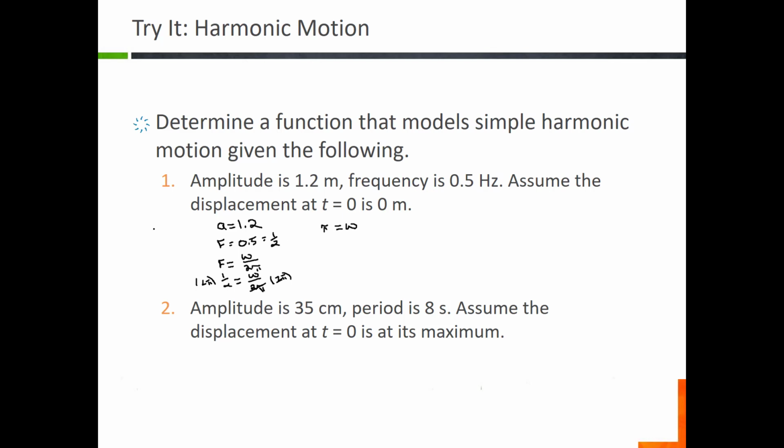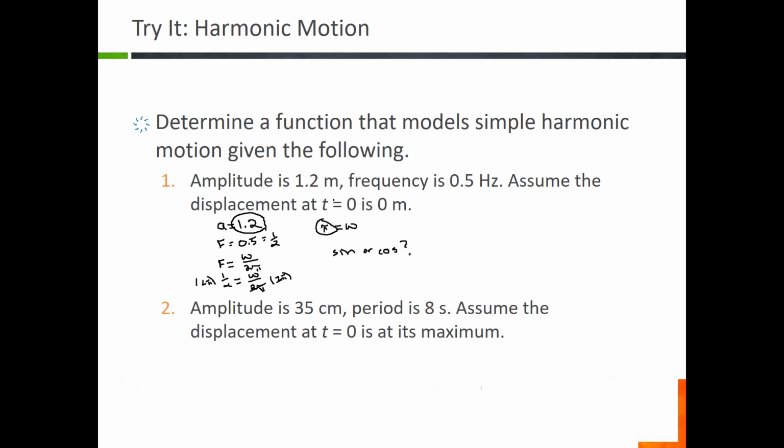So for our equation, the only two constants we need right now are the amplitude and omega. And the third part that we need to figure out is, are we doing sine or are we doing cosine? That's our third thing we've got to figure out.